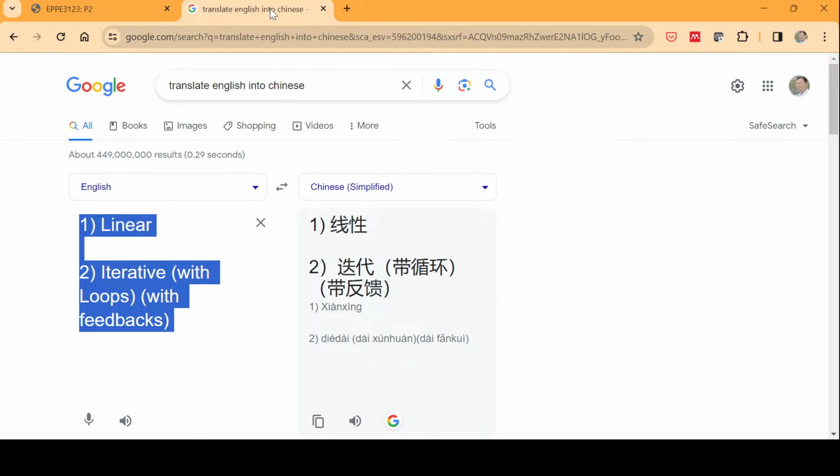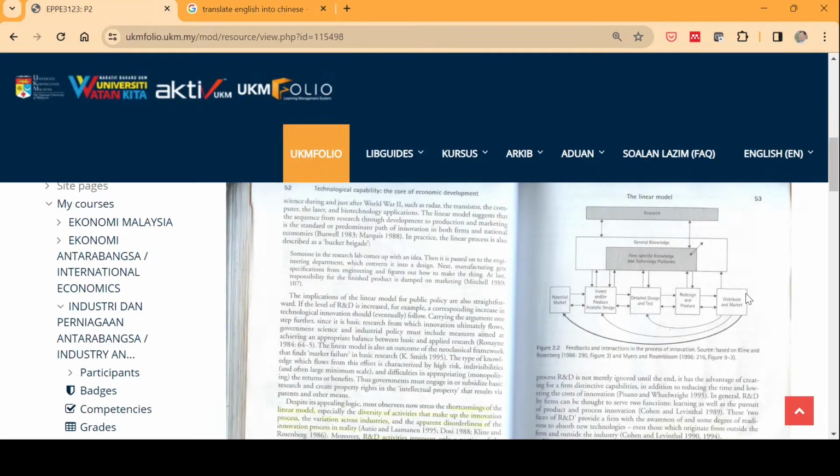You notice here all these activities are being informed by findings from research. There are two types of research: basic research and applied research.